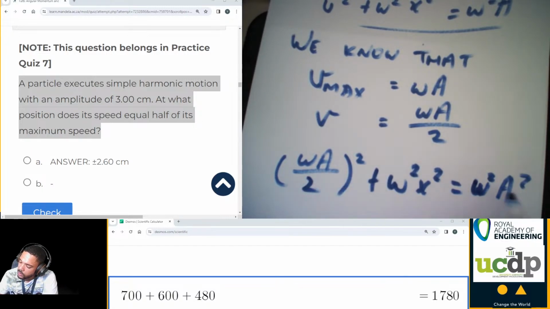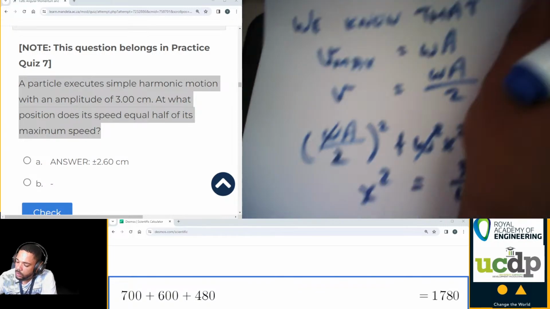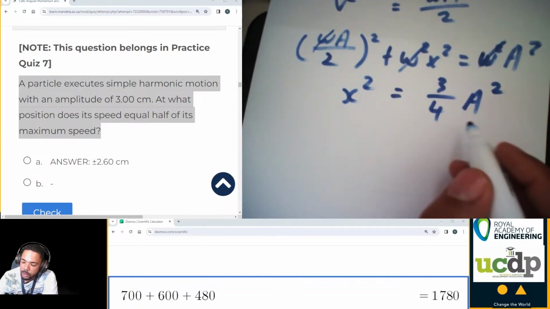If you divide throughout by omega squared and then subtract A squared over 4, you get 3 over 4 A squared, and on this side you're left with x squared. This is just simple algebra.